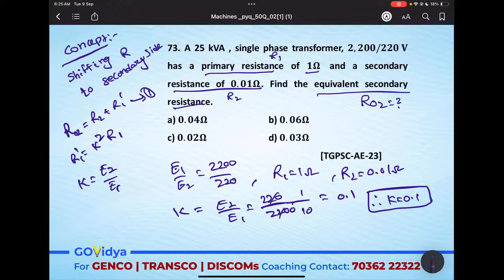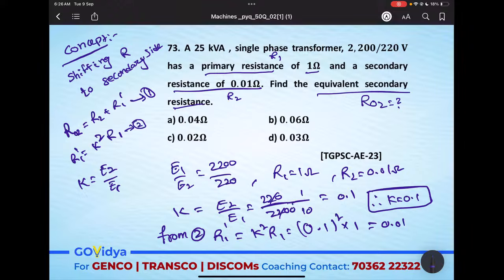Okay, this is equation 2. From equation 2, we'll calculate R1 dash. What is R1 dash? K square into R1. 0.1 whole square into R1, which is 1 ohm. 0.01 into 1. Therefore, that is called 0.01.